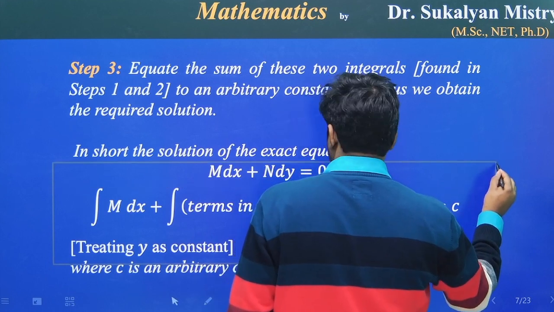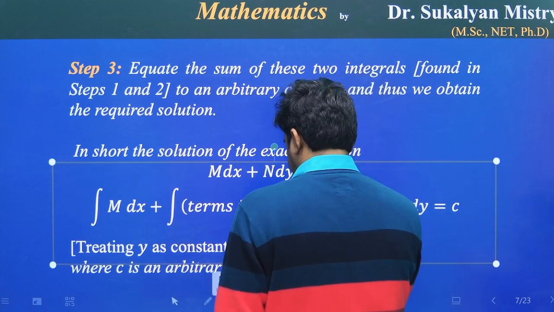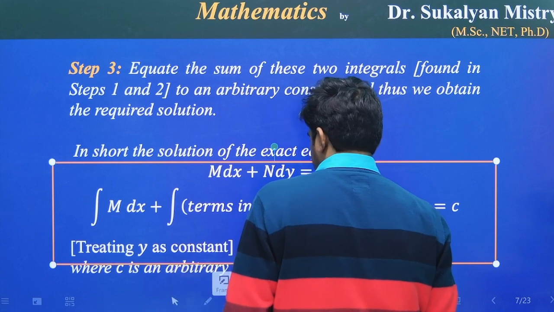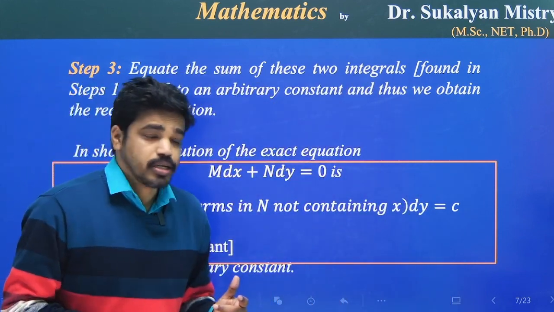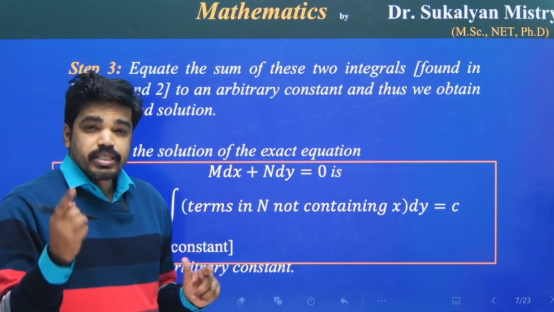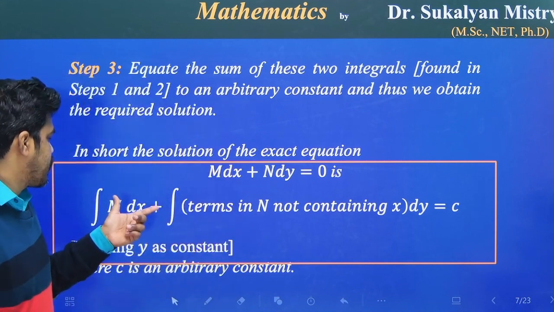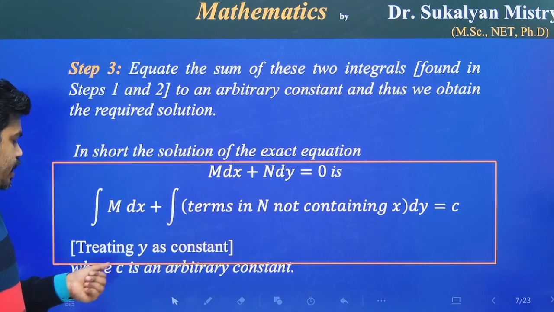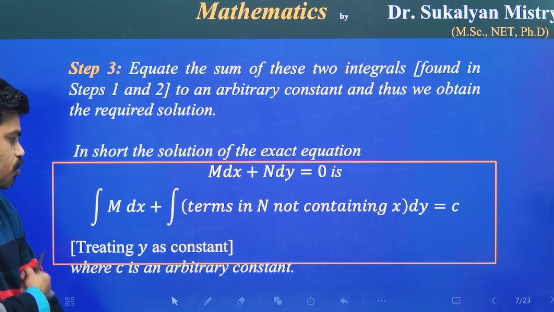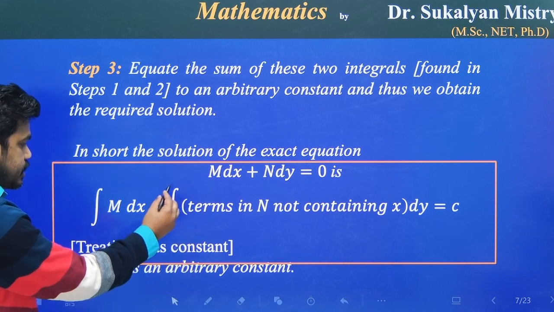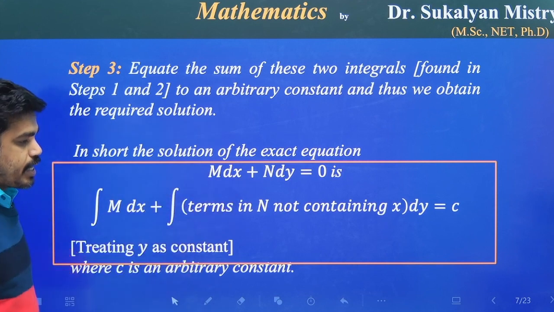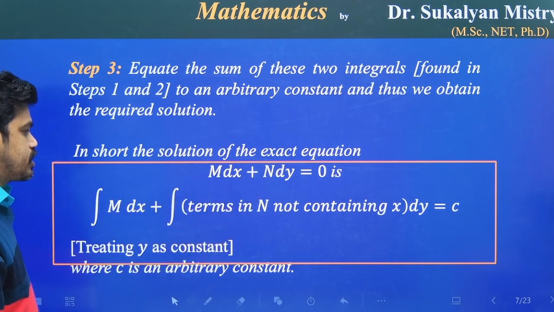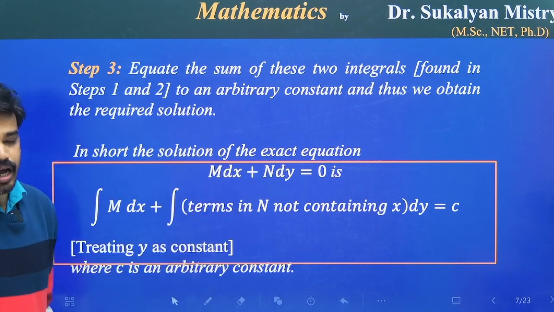If the equation is exact, the solution is given by integration M dx treating y as constant plus integration of terms in N not containing x into dy is equal to c. What is c? c is an arbitrary constant.